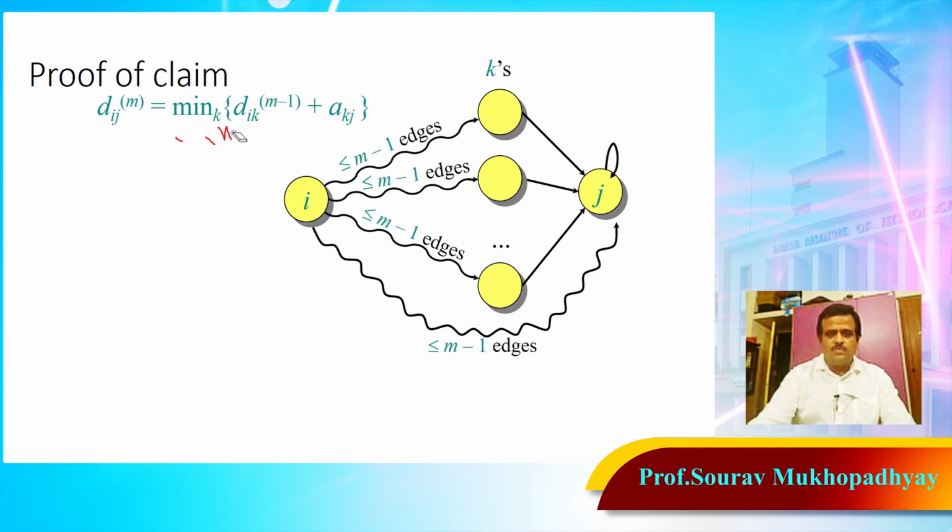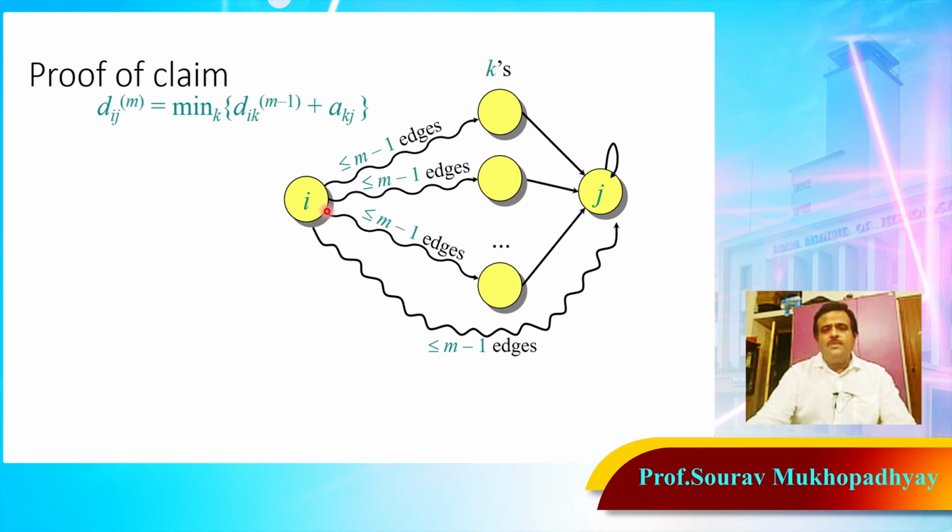So, this is how to prove this formula. We can just prove it by this figure. We are at i, we need to go to j. These two are vertices. Now, there could be a direct edge to j. So, there could be an incoming edge to j, and this could be from other vertices or from the same vertex j. From the same vertex means there could be a self loop over here.